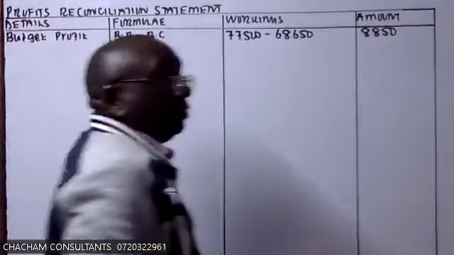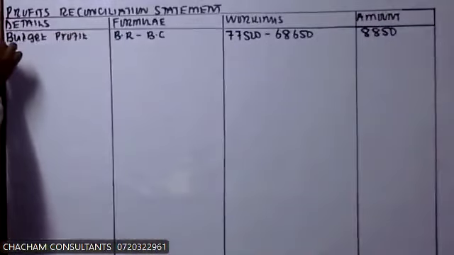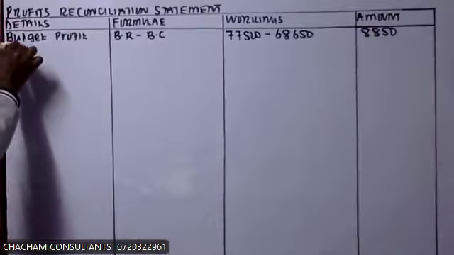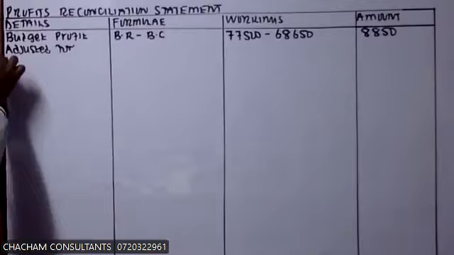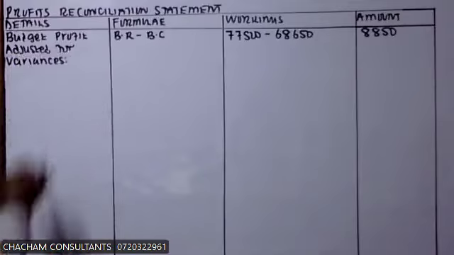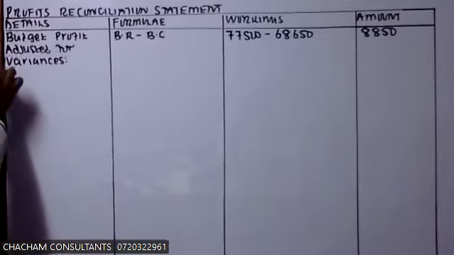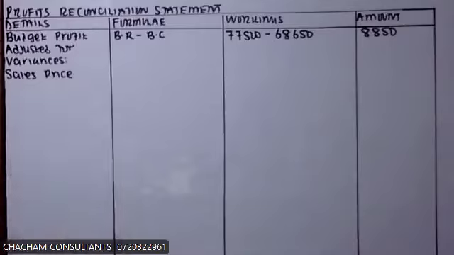That one is already computed. So they are adjusted for variances. So the first one is sales price.